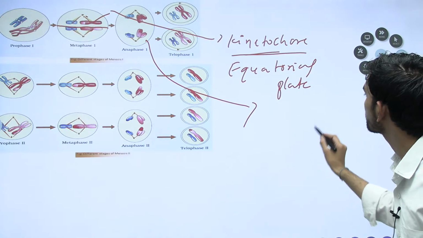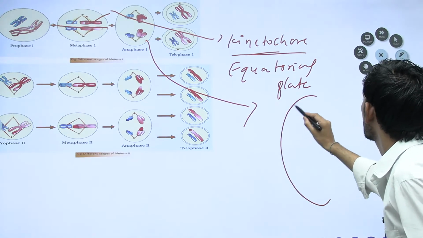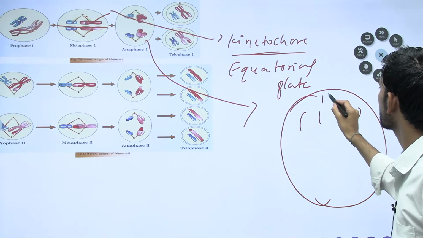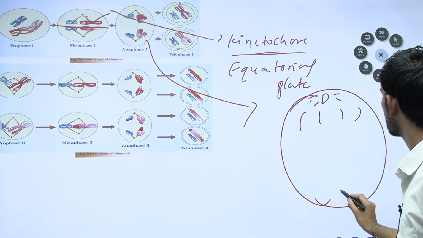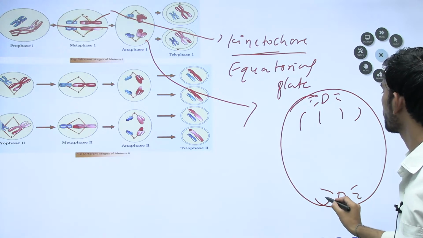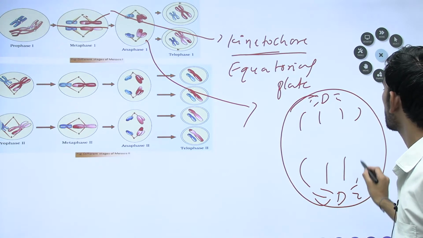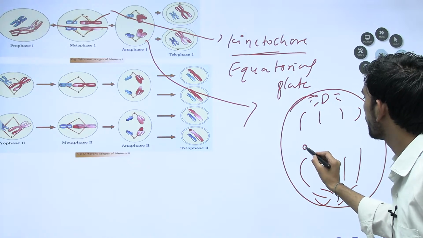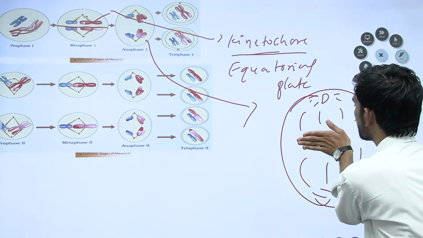But in anaphase 1, what's happening here? In anaphase 1, already formed chromosomal threads are there. Here you will find asters along with the centriole. They have already moved towards their opposite poles. The chromosomes are moving towards their opposite poles.